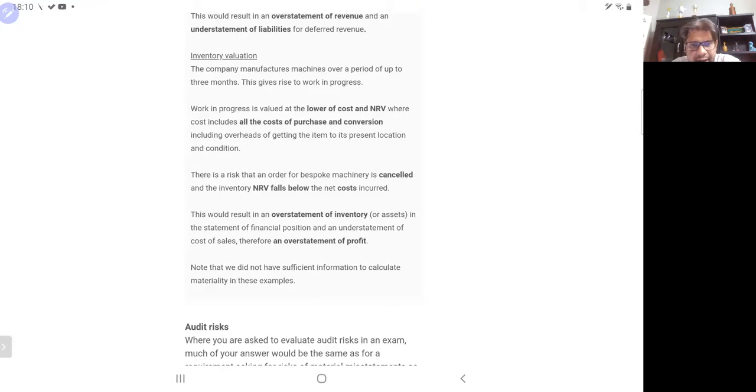There is a risk that an order for bespoke machinery is cancelled and inventory NRV falls below the cost incurred. This would result in overstatement of inventory in the statement of financial position and understatement of cost of sales, therefore an overstatement of profit. Now, here you will get 2 marks because you did not have sufficient information to calculate materiality.